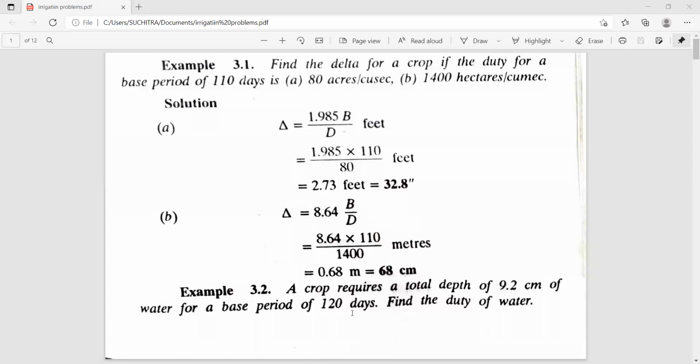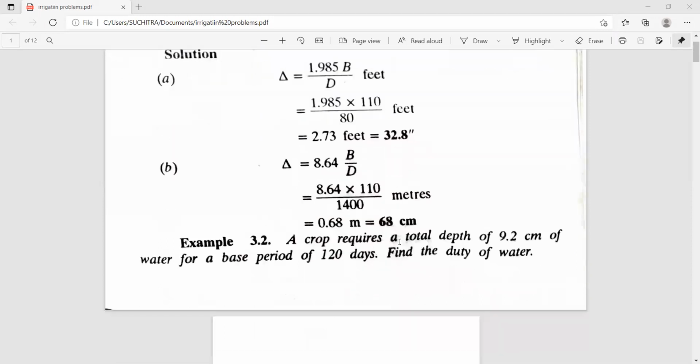Next problem: a crop requires a total depth of 9.2 centimeters of water for a base period of 120 days. Now find the duty of water. Here the delta and the base period are given, and you are required to find the duty of irrigation water.